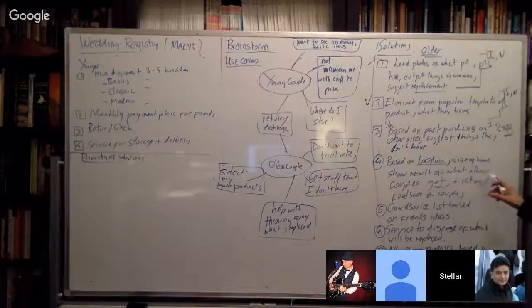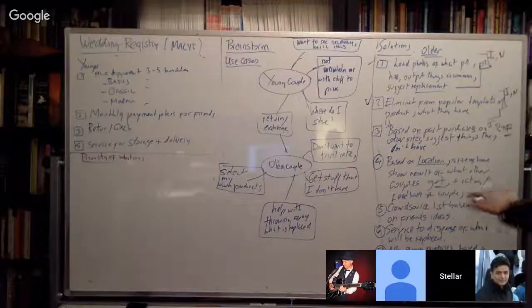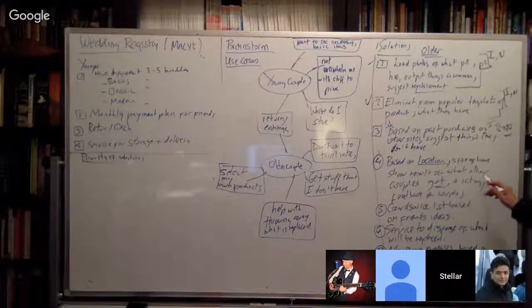Now here, based on location, sense of function, results of what other couples got, plus rating feedback on couples. I think that this is less impactful because they still have to take time to go through all that, what other couples got. It's not based on what they already have or don't have.